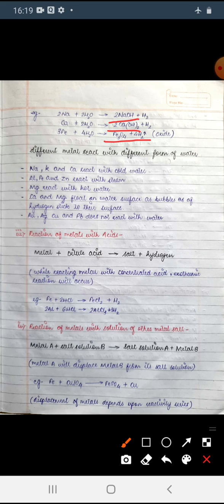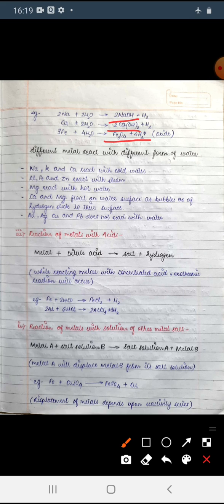Next are gold and silver. Gold, silver, copper and lead do not react with water. So these are the exceptions to these reactions. In this part we have learned that when metals react with water, they form oxide or hydroxide, plus they release hydrogen gas.